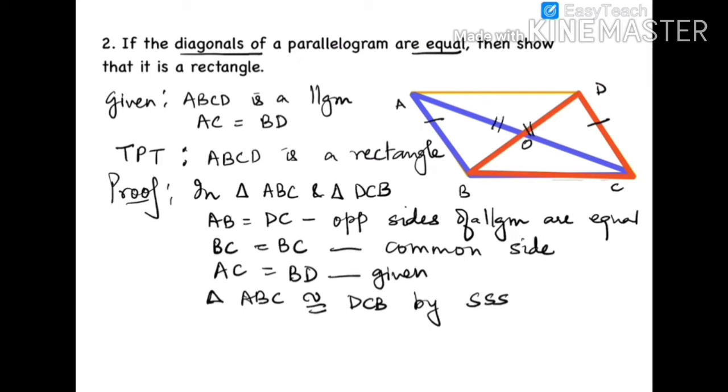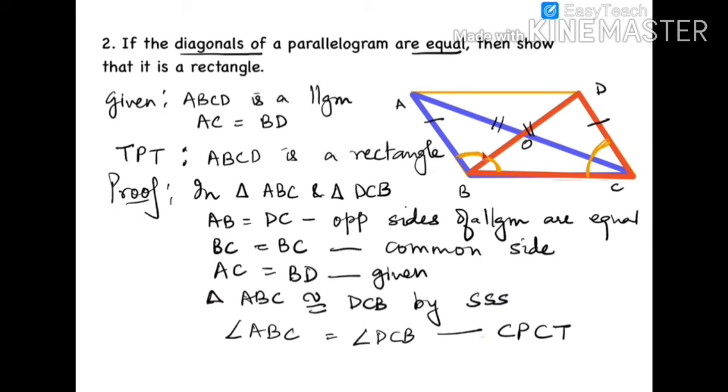So if the two triangles are congruent, then their corresponding angles are equal. So we can say that angle ABC is equal to angle DCB. Angle ABC is in the purple triangle and angle DCB is in the red triangle. The reason will be they are corresponding parts of congruent triangles.